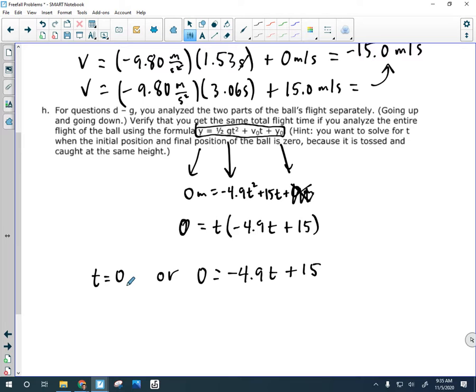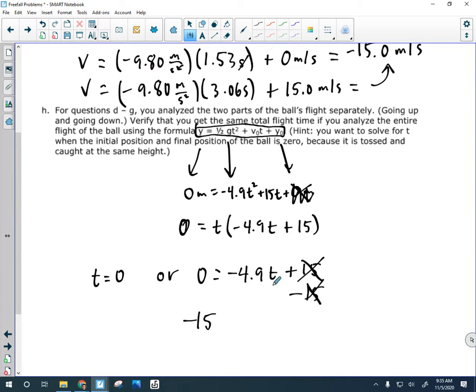So the first solution is true at launch. At launch, when t equals 0, you're at a height of 0, right? The other solution is going to take care of when you get back to 0. Okay. So doing my algebra here, I would subtract 15. That would be 15 meters per second if you're tracking units.